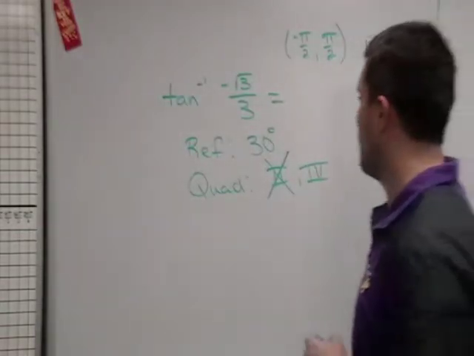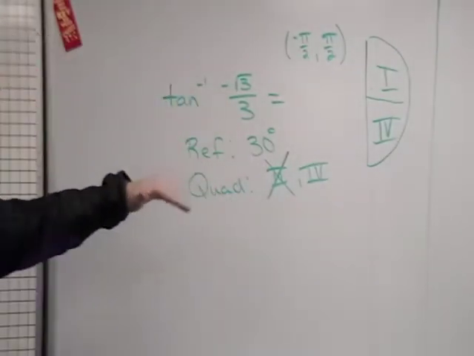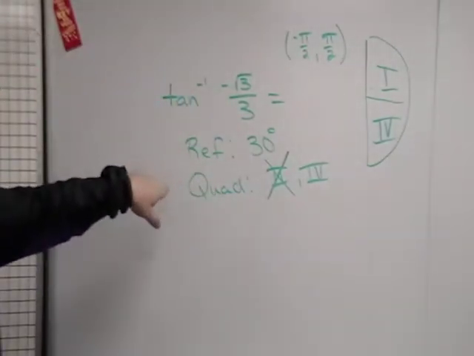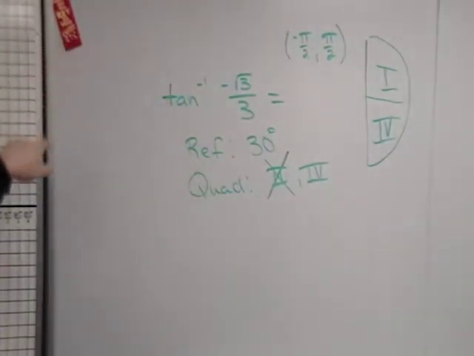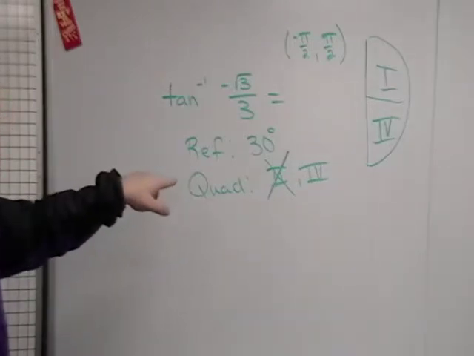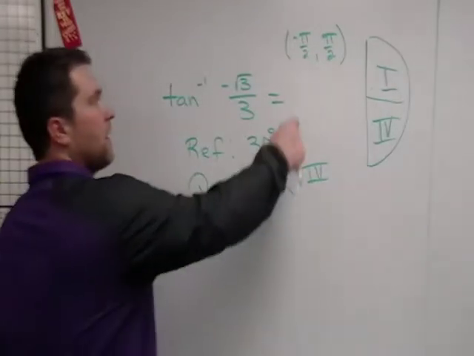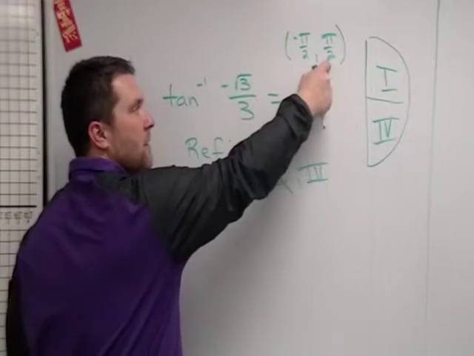Okay, so if you go 30 degrees in quadrant 4, some of you are going to want to say, well, if we go all the way around, that's going to be 11 pi over 6. But 11 pi over 6 is bigger than pi over 2.